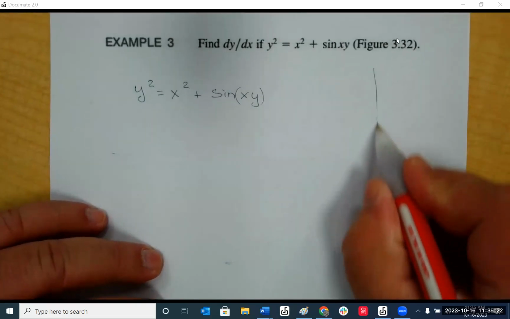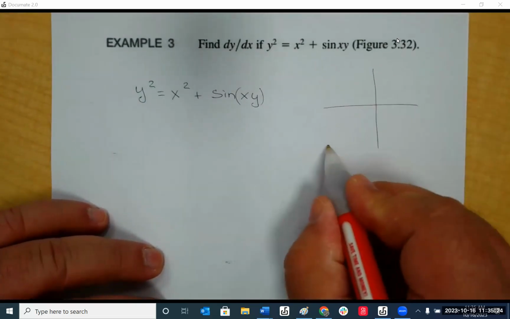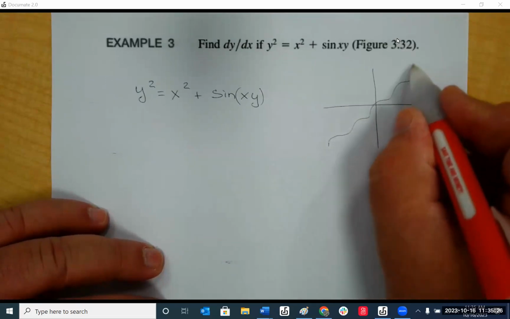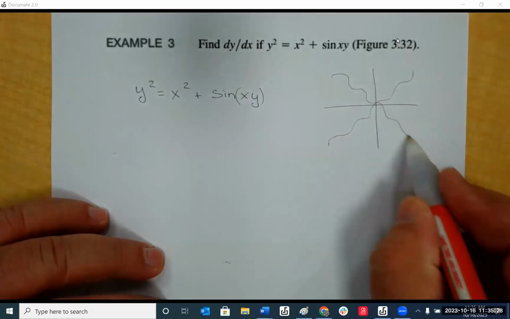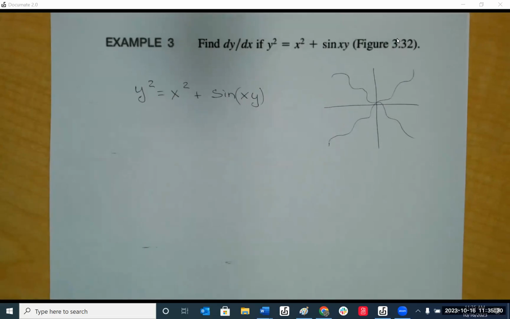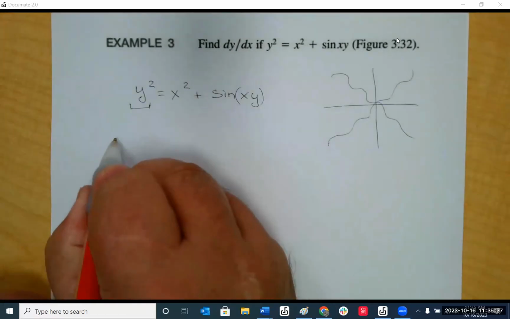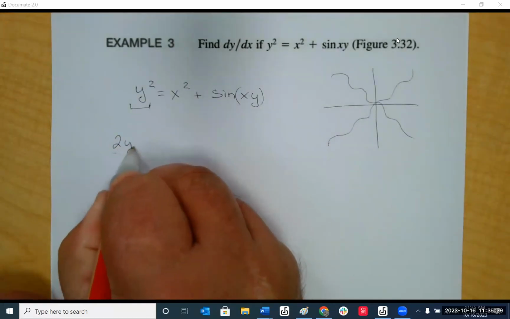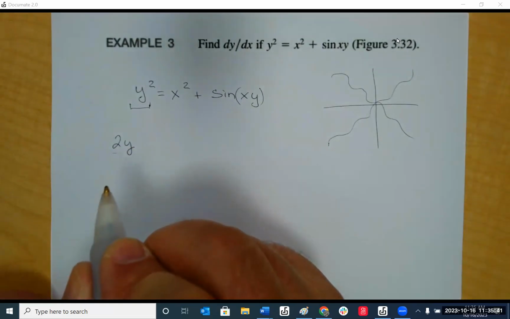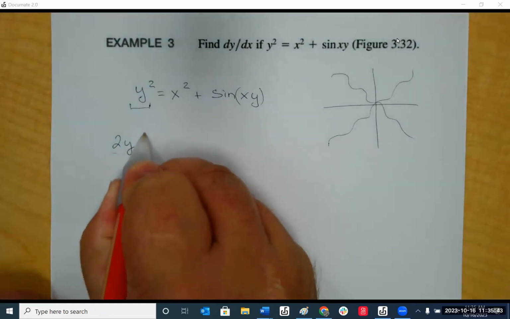The derivative of y squared is 2y dy dx.